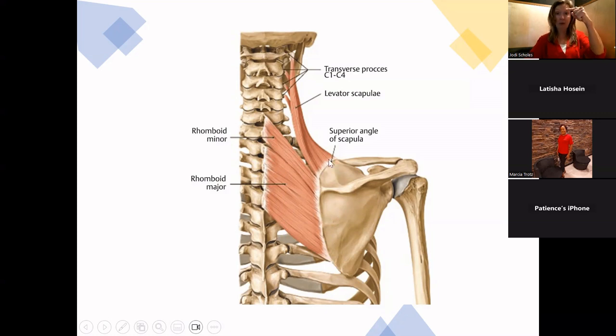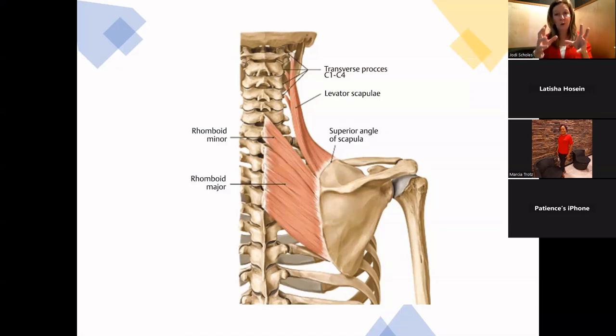At the top, the superior part of the scapula, that's where the levator inserts, right? We're going to elevate, so it has to be on the superior angle. And just to point out, all the way over here is the lateral border. All sorts of different angles to that.